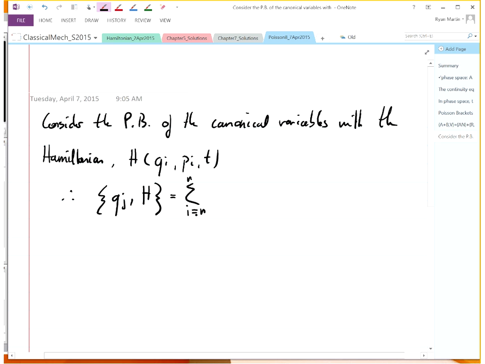So you can see why I used qj and not qi, because I'm going to have an i here in the sum. So it's ∂/∂qi of the first function, which in this case is qj, multiplied by ∂H/∂pi, and it's minus ∂H/∂qi times ∂qj/∂pi.